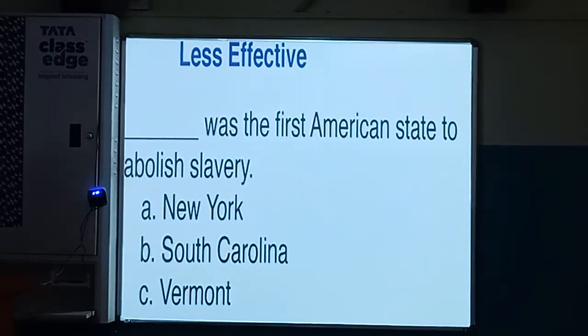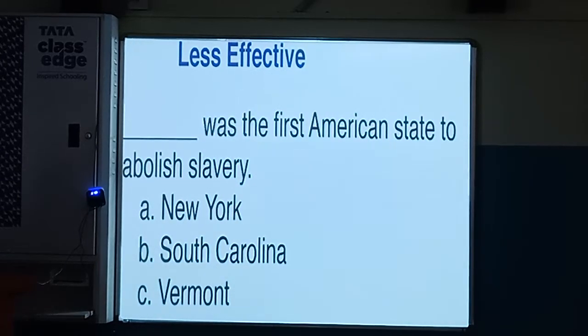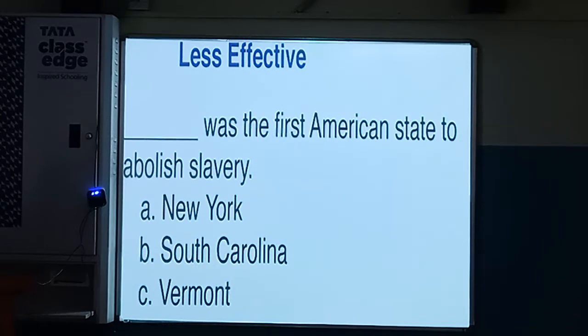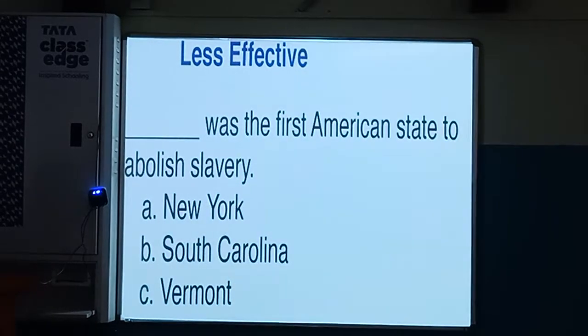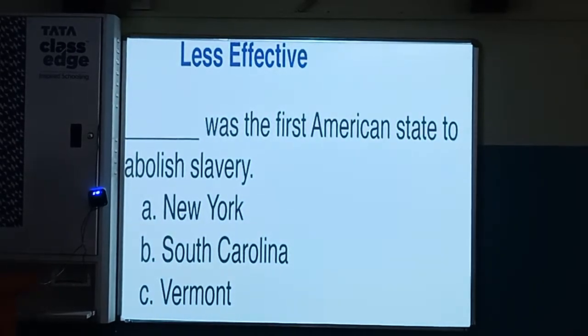Now generally we see such types of questions. This is also a correct question, there is no problem with it: blank was the first American state to abolish slavery? What is the problem with this question? The question is missing.